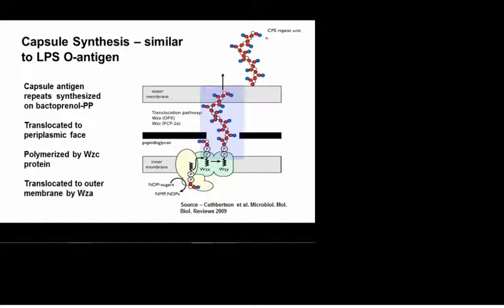So the reason why I spent time just briefly presenting the biosynthetic pathways of LPS and the capsule antigen is just to show you how similar they are to peptidoglycan synthesis. And that's because all of these structures pose the same problem for bacteria. You've got to synthesize a big polymer on the outside of the cell.